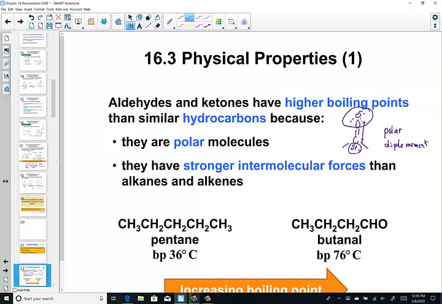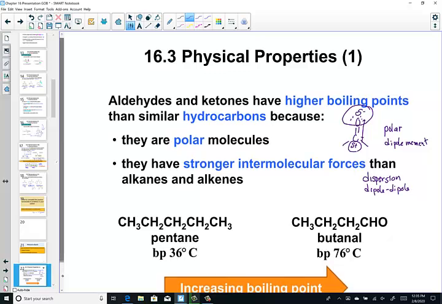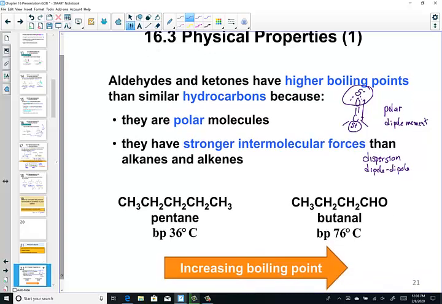So because they are polar, they have very high intermolecular attractions. They would exhibit not only dispersion forces, but they would also exhibit dipole-dipole interactions. They do not meet the criteria for hydrogen bonding as the alcohol functional group did. But nonetheless, they do have stronger intermolecular attractions than those boring old alkanes.